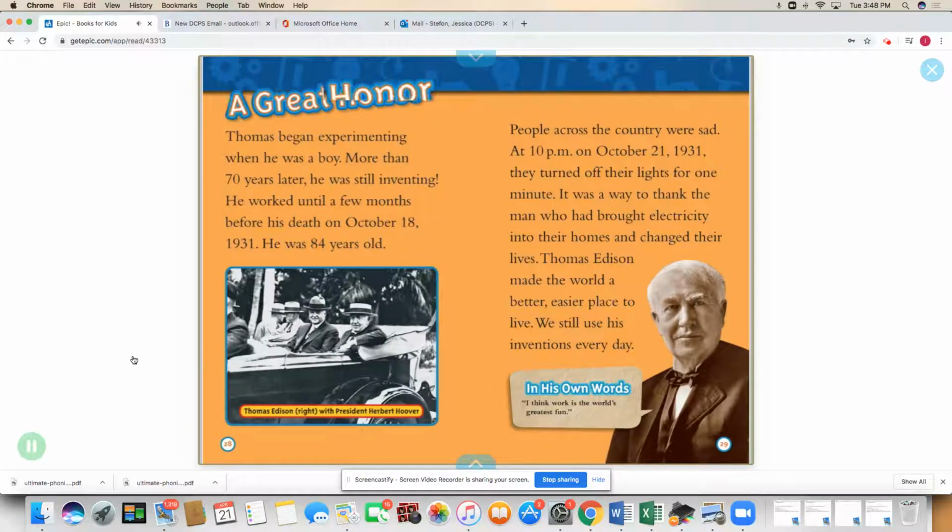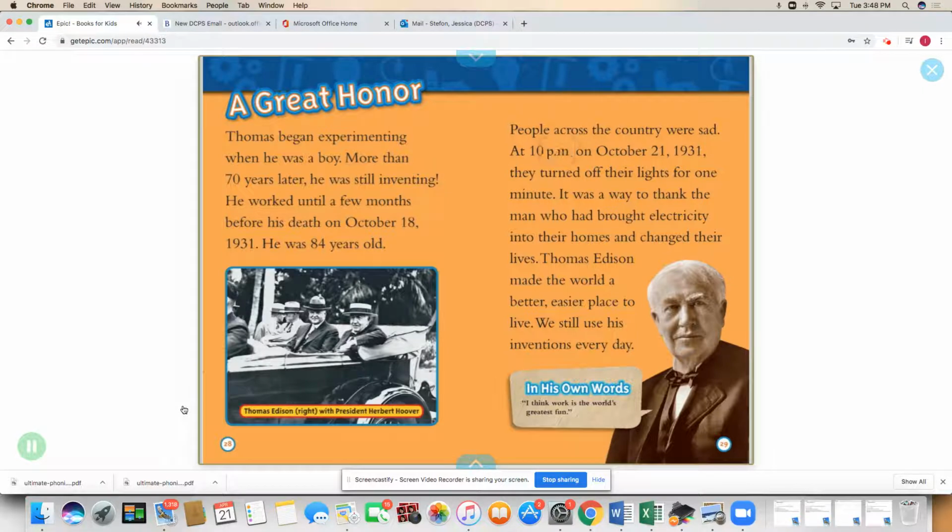A great honor. Thomas began experimenting when he was a boy. More than 70 years later, he was still inventing. He worked until a few months before his death on October 18th, 1931. He was 84 years old. People across the country were sad.